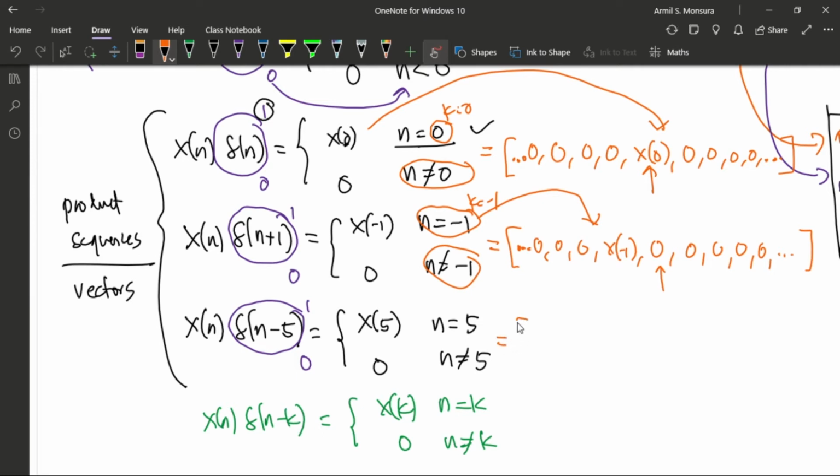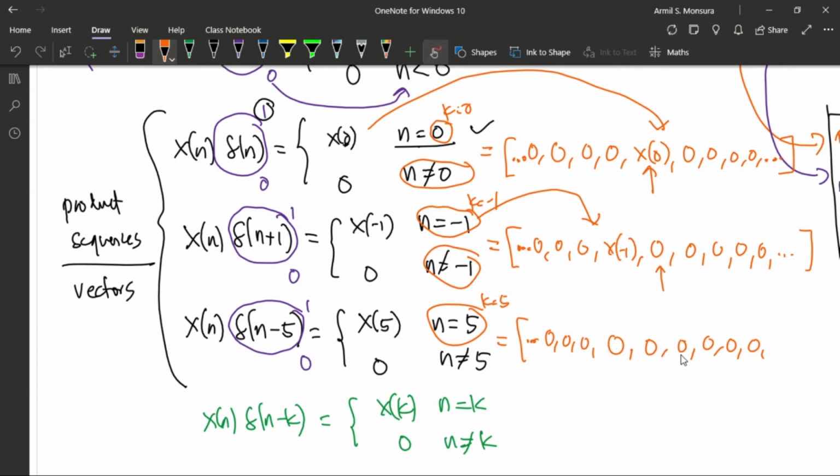Same thing with this one, yung product sequence na to. So, this is 0, 0, 0, 0. So, negative 4, negative 3, negative 2, negative 1. Tapos, 0. Okay. 1, 2. I'm talking about n equals 3, n equals 4, then n equals 5. That is yung k nyo dito, ang delay nyo dito is 5.